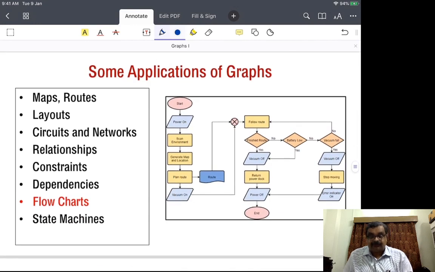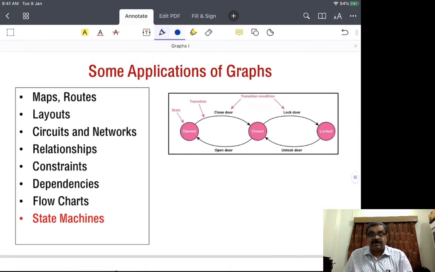All of you are aware of flowcharts. Flowcharts have various kinds of nodes: an execution node, a decision node, an input-output node, and so on and so forth. And these, as you can now see, will form a reasonable kind of directed graph.